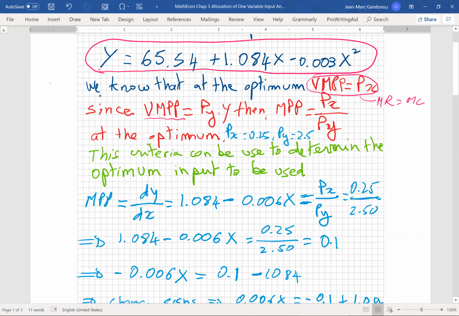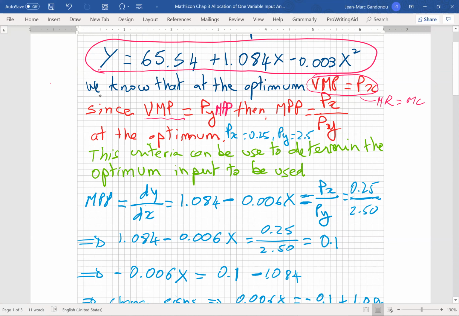It's price times marginal physical product. Value marginal product is price times marginal physical product.